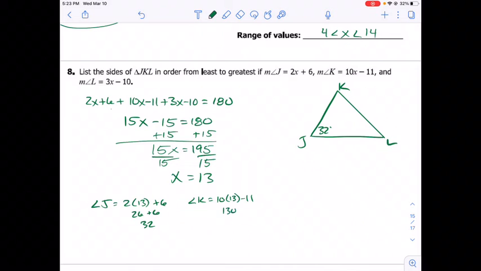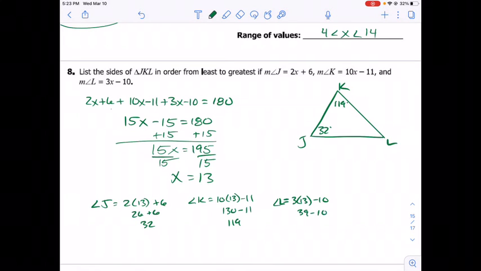That's going to be 130 minus 11, which is 119. So this over here would be 119. And then the last angle here is angle L, which is equal to 3 times 13 minus 10.